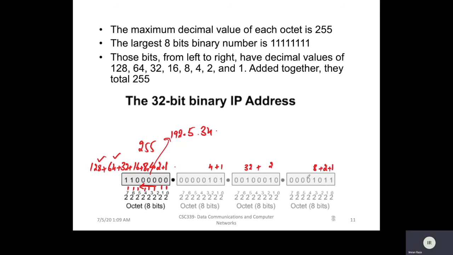So the value of this octet is 11. So this binary representation is represented in the IP address 192.5.34.11. Right. So this is how we can represent our dotted decimal number in its binary equivalent. And if we're given the binary equivalent, we can easily represent it with the help of a dotted decimal number.